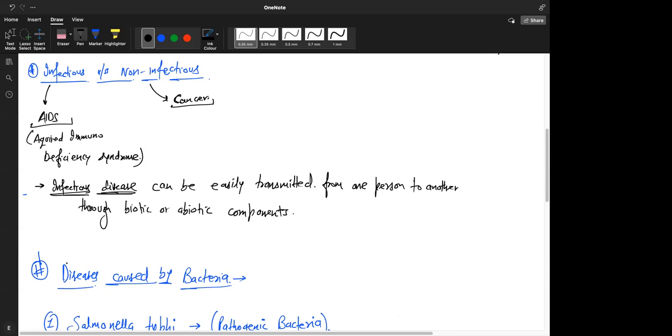Whereas in non-infectious diseases, we do not have that component which causes the disease to transfer. For example, cancer can happen through mutations, or drug abuse, or any carcinogenic substance abuse, or just a mutation in any gene. That cannot get transferred.